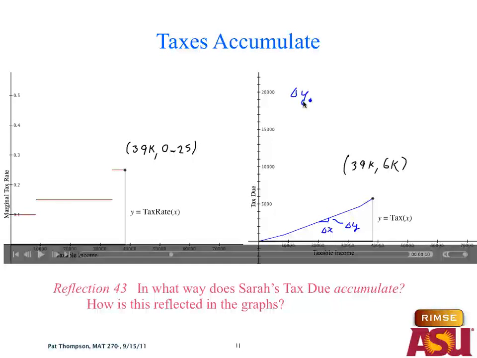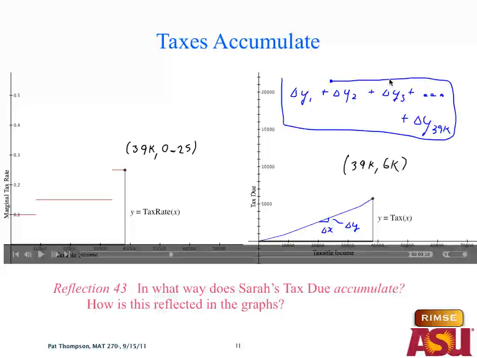So on 39,000, if we talk about the tax on every dollar earned, we're adding up the sum total of 39,000 little bits of tax due for each dollar earned. So this is a way to think of that tax due accumulating.